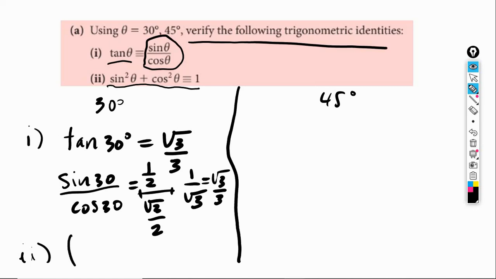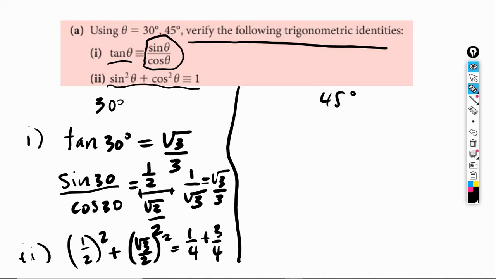That's going to be 1/2 squared, right? Because sine of 30 is 1/2. Cosine squared, that would be plus square root of 3/2 squared. And if we square that, we're going to get 1/4 plus 3/4, and that equals 1.